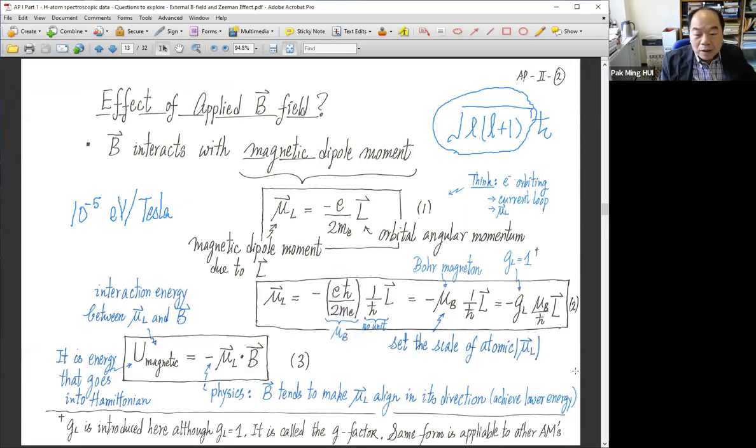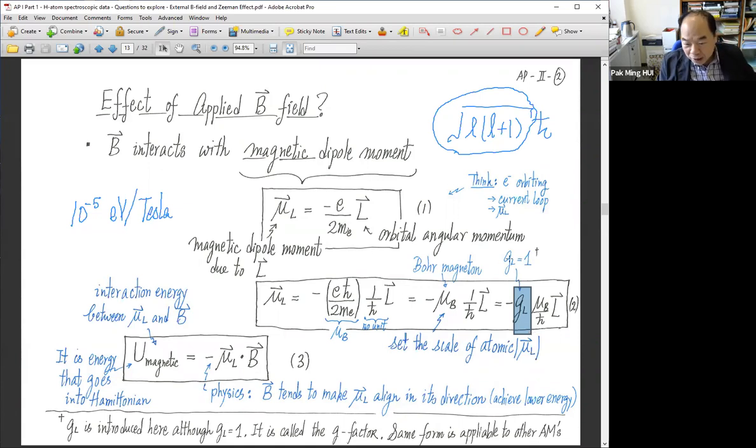Now, we have this, so we can write it in shorthand: minus Bohr magneton times this angular momentum divided by h bar. All right. Now, let me do one more thing. I will insert a constant called the G factor.